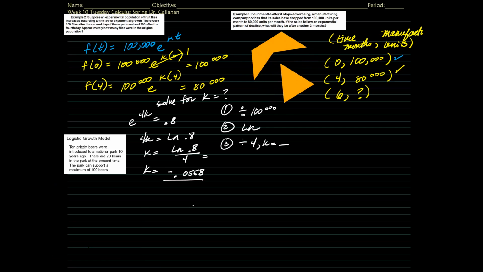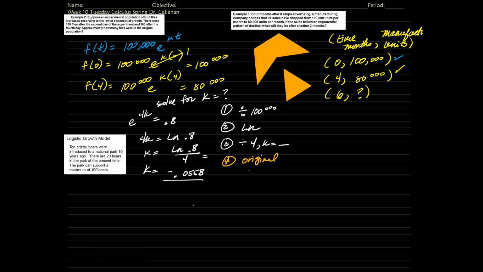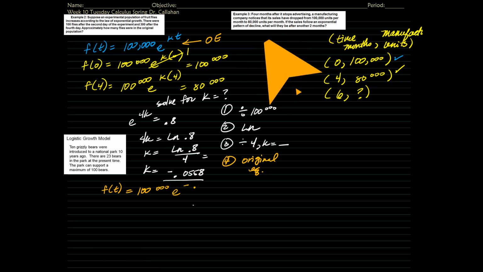Okay, so now I'm going to go back to the original equation. My original equation is f of t equals 100,000 e to the k t, so I'm going to replace k with negative 0.0558. Now my goal here is to figure out when the time is 6 months, how many units do I still have?